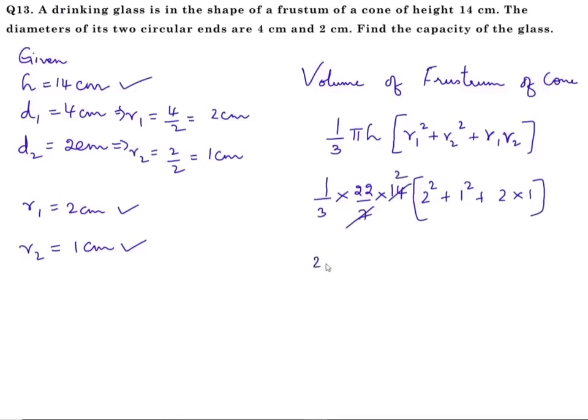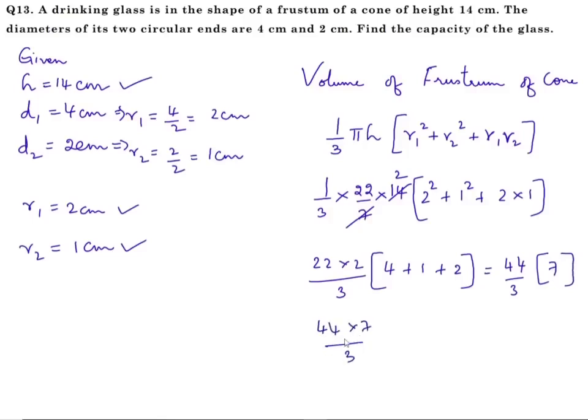What you get is 22 into 2 divided by 3 times 1 is 3. 2 square is 4, 1 square is 1, plus 2 into 1 is 2. Now what you get is 22 into 2 is 44 divided by 3 into 4 plus 1 is 5, 5 plus 2 is 7.